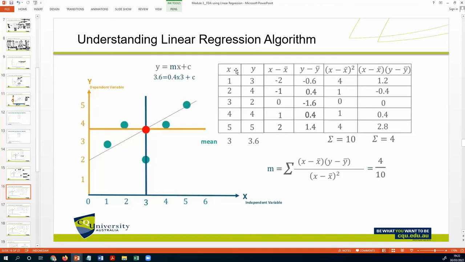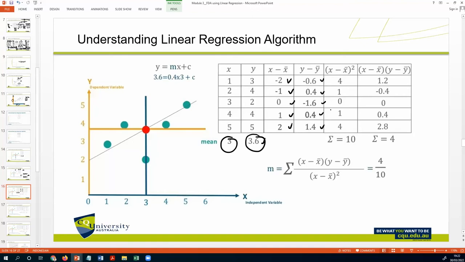This one is X and Y. Okay, we use single linear regression first. X mean is 3. Y mean is 3.6. X minus mean of X: minus 2, minus 1, 0, 1, 2. Y minus Y mean: 3 minus 3.6 is minus 0.6, 0.4.